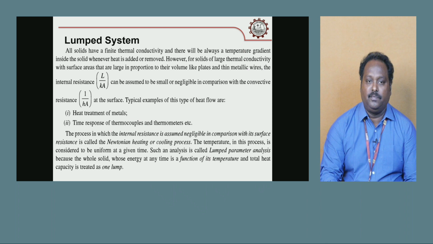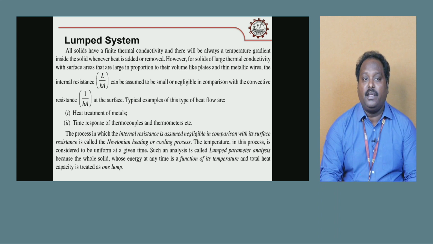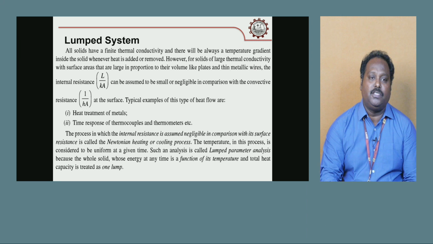So when there is no internal conductive resistance, that means there is no resistance for conduction, it should be 0. If it is assumed to be negligible, then the system is called lumped system analysis. Typical examples are heat treatment of metals, time response of thermocouples and thermometers, etc.